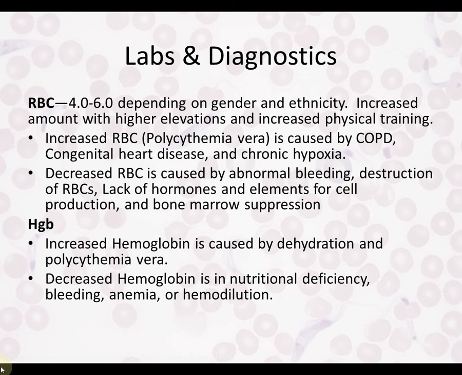Let's talk about hemoglobin, which is part of your red blood cell. It's measured in grams. It's the functional protein of the red blood cell that enables the red blood cell to carry out its primary function of oxygen transport.